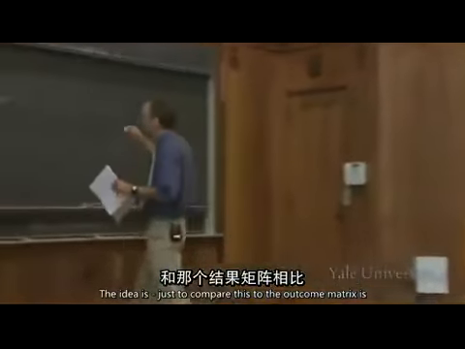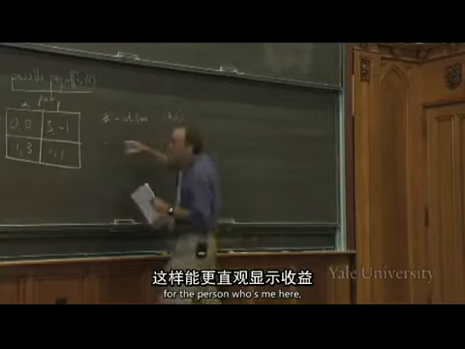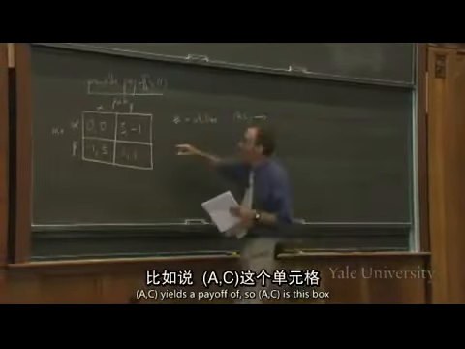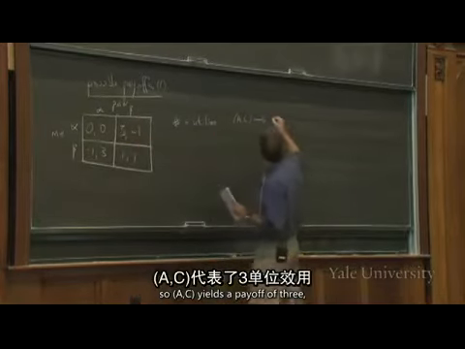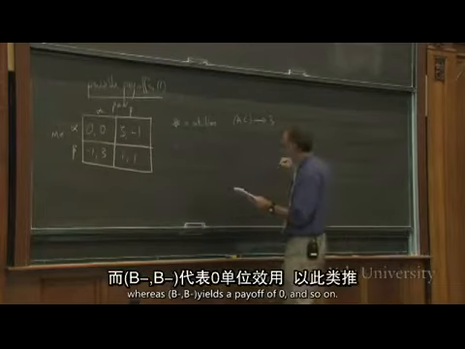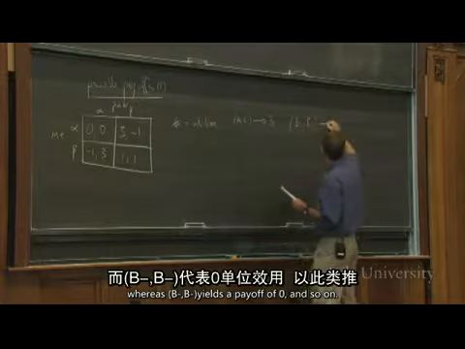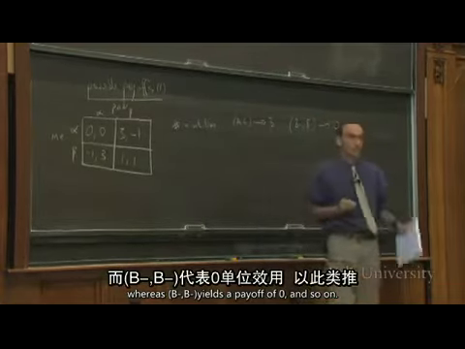All right? And the idea, just to compare this to the outcome matrix, is for the person who's me here, AC yields a payoff of, so AC is this box, so AC yields a payoff of 3, whereas B minus yields a payoff of 0, and so on.